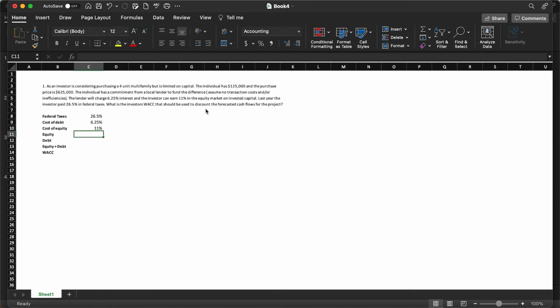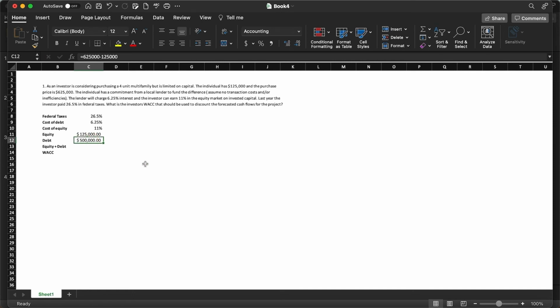We have $125,000 in equity, so that would be our equity. For debt, we have a lender that's committed to fund the difference, so the difference would be the $625,000 that we need to pay minus what we already have, which is $125,000.